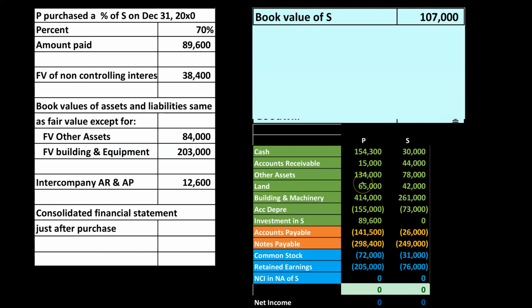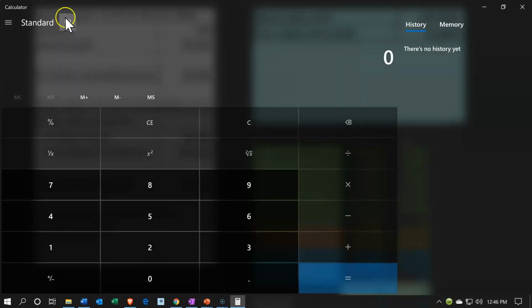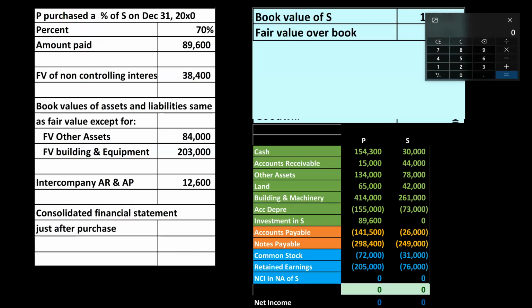So there's the 107. Then we're going to take the fair value over the book value of the 21. So let's calculate that real quick. I don't know why I put the calculator away. We've got to pull it back out here.